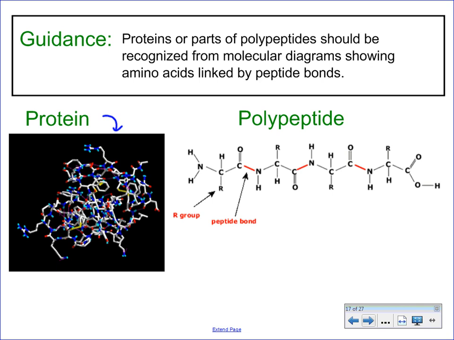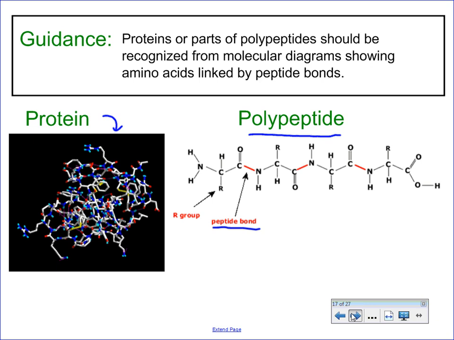If you string a bunch of amino acids together, you create what is called a polypeptide. Polypeptides contain a special type of bond referred to as a peptide bond, which we'll cover in more detail when we talk about proteins.